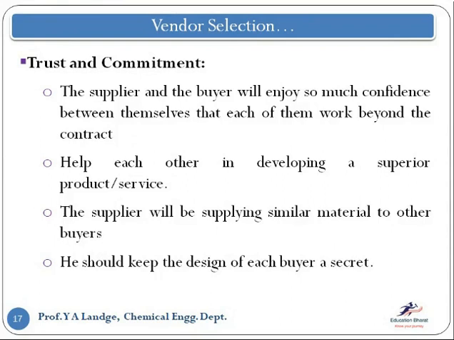So they always keep a secret of that, because the supplier is manufacturing and supplying the product to two different competitors. If they disclose things to the competitors, then the competitors may not trust them, and they may withdraw all their products or components and cancel the orders. So this is what we call trust and commitment.